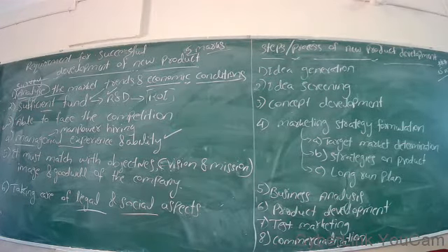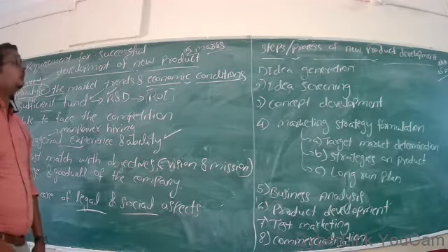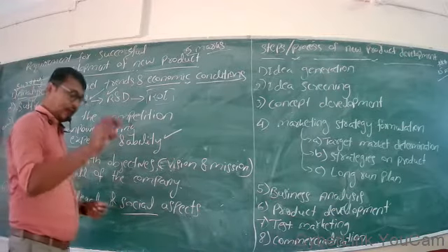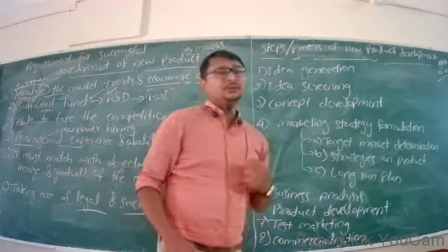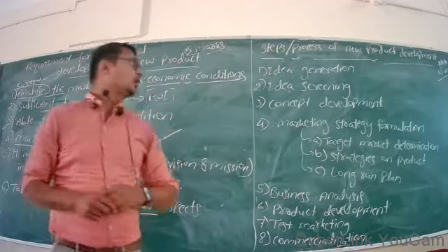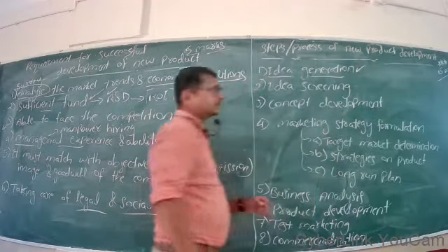So first of all, it's a kind of starting a new company. So you have studied in another subject in an earlier class the steps involved in formation of a company. Likewise, these are the steps or process involved in development of a new product. So first thing, you conceive an idea, right?